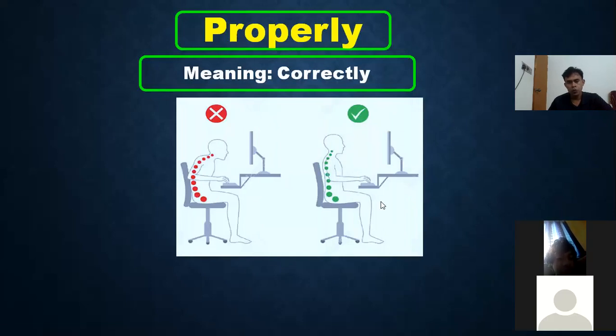Yes, we have got two pictures, especially the person who has sat on the chair, making his body in a curving way. Yes, it will cause the problem of backbone. It's not a fair one to sit on a chair.